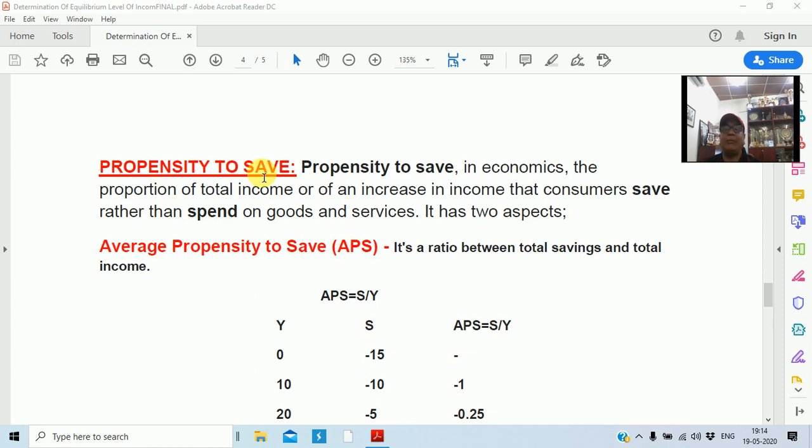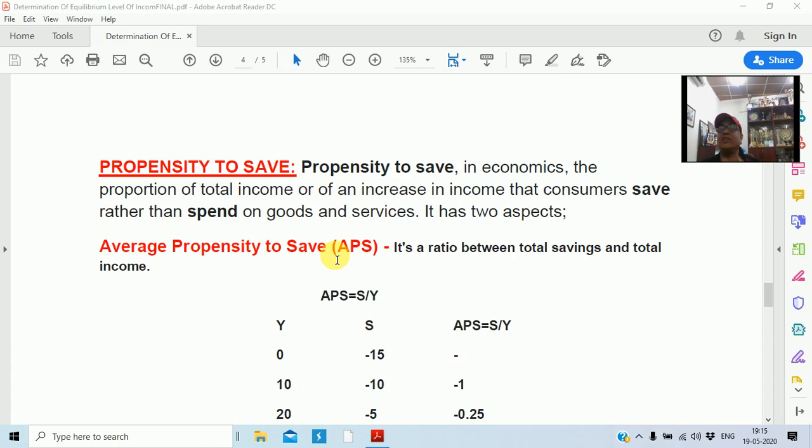When we develop the relation or ratio between total saving and total income, that is called APS. If I say APS is 0.5, what does it mean? In the economy, people are saving 50% of their total income. If the income of the economy is 100 crore and your APS is 0.5, it means 50% of 100 crore, 50 crore the economy is saving.